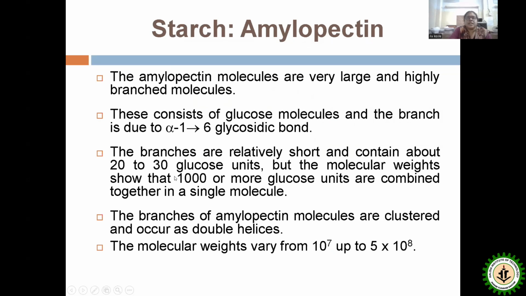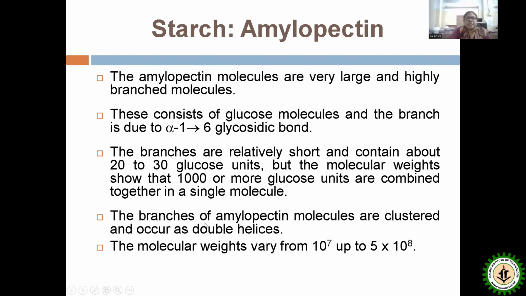Now, the branches are relatively short and contain about 30 glucose molecules, but the molecular weight of the whole amylopectin shows that 1,000 or more glucose molecules are combined together in a single amylopectin molecule.